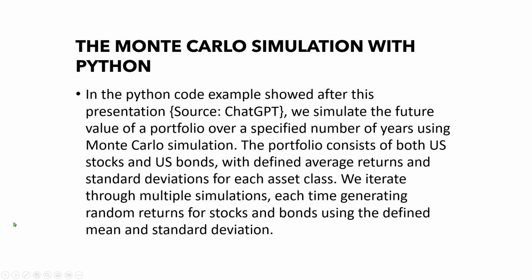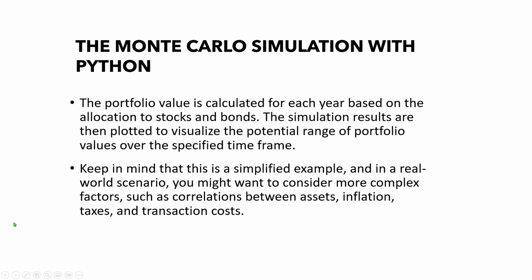We iterate through multiple simulations, each time generating random returns for stocks and bonds using the defined mean and standard deviation. The portfolio value is calculated for each year based on the allocation to stocks and bonds.